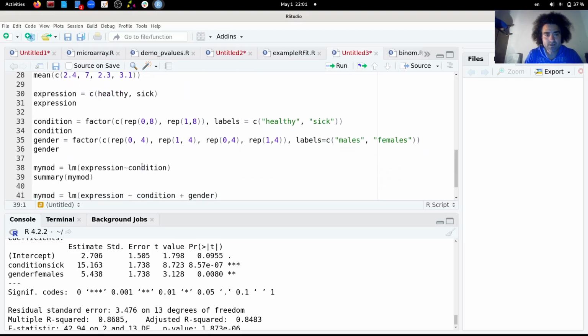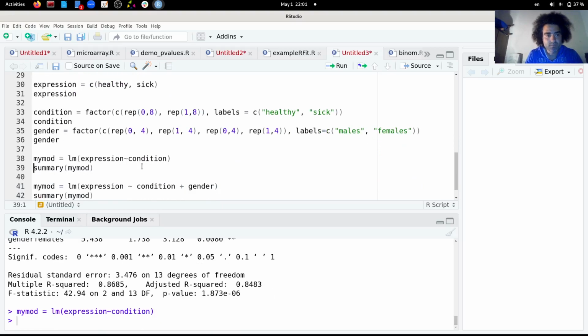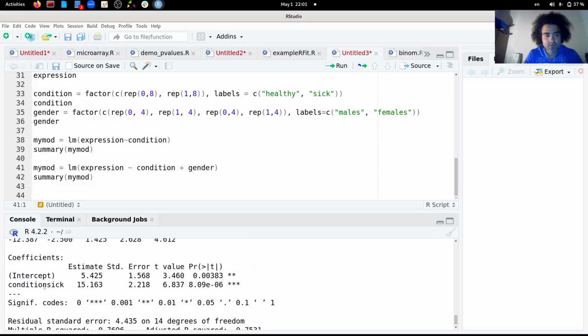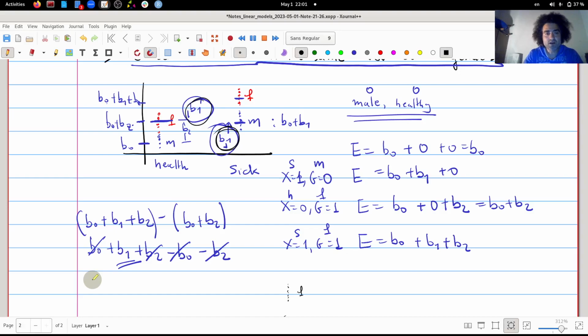And in this case, the intercept is 5.4. The 5.4 actually is the mean value of the healthy people, so it's somewhere here, regardless of the gender.